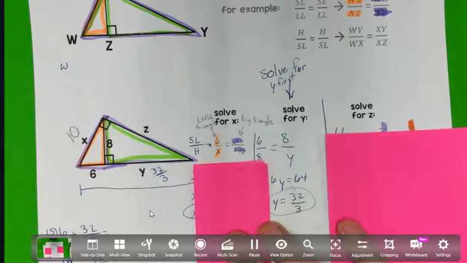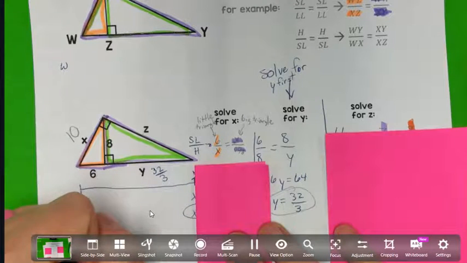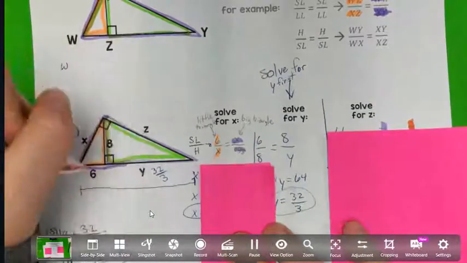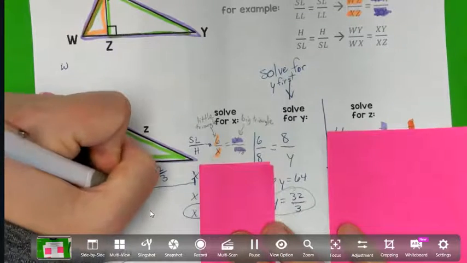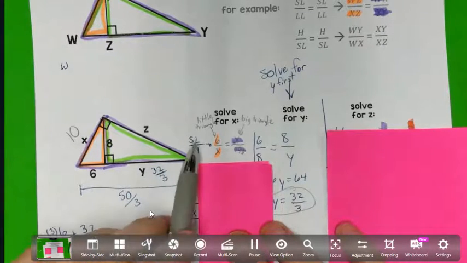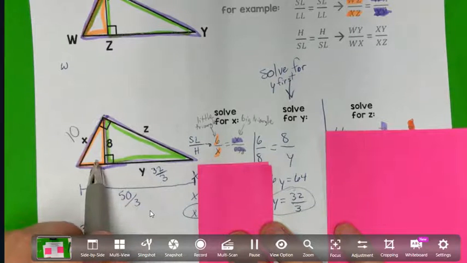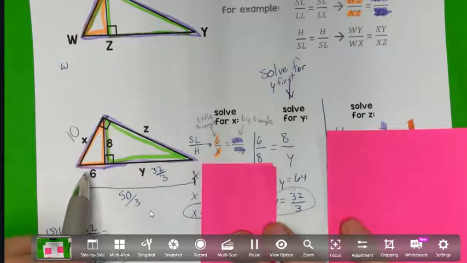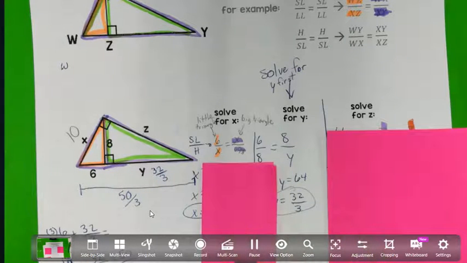So when we add these together, 18 plus 32 is 50. The 3 does not change. Remember, that does not become a 6. It is the denominator. So that is where this 50 over 3 comes from. So 50 over 3. So we want the short leg over the hypotenuse for both the orange triangle and for the purple triangle.